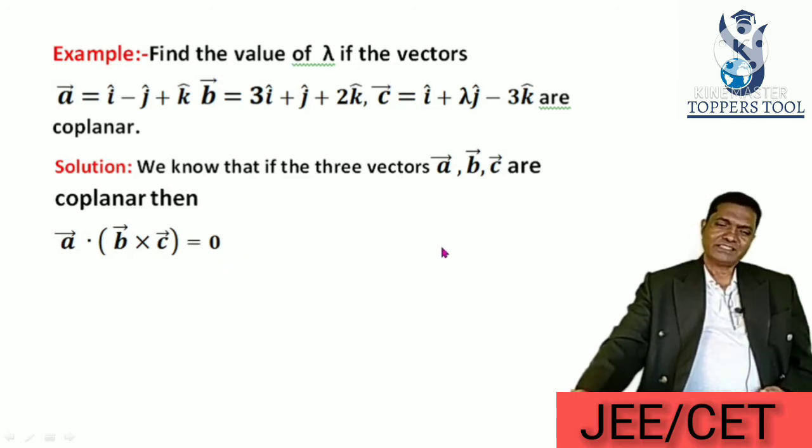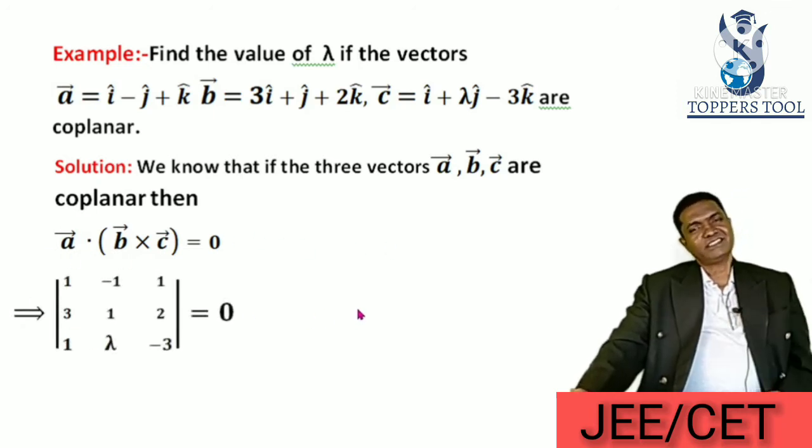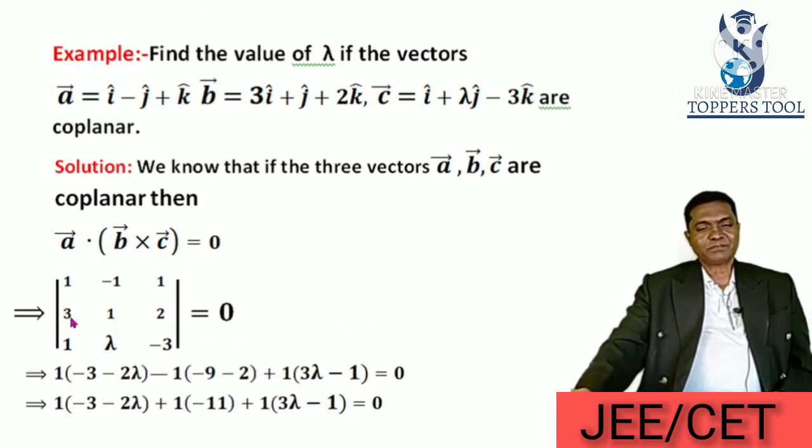So let's use this. That means the value of this determinant is 0. Expand it. On expansion of this, you will get this. The value of this has to be 0 according to the given condition. The rest is just multiplying term by term and finding the value of lambda.